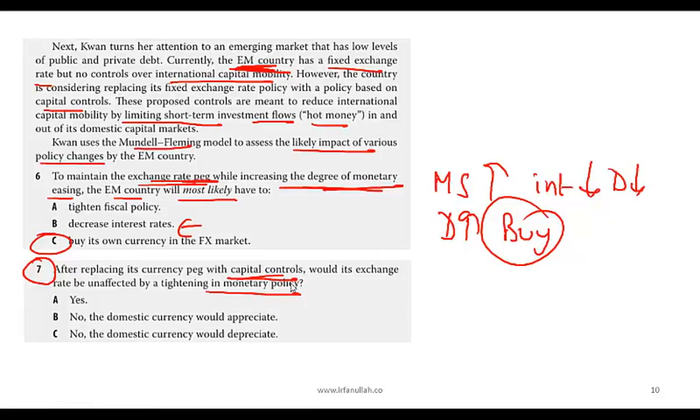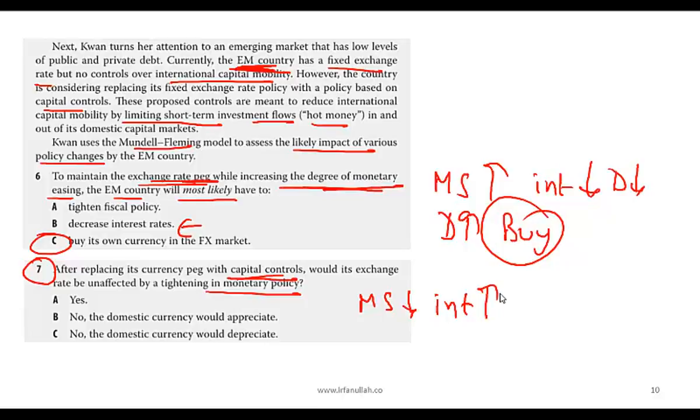So, would the exchange rate be unaffected by tightening monetary policy? The answer is no. Obviously, movements in exchange rate will be dampened, but they'll still be there. When there is a tightening of monetary policy, that means that money supply is being reduced and interest rates are going up.